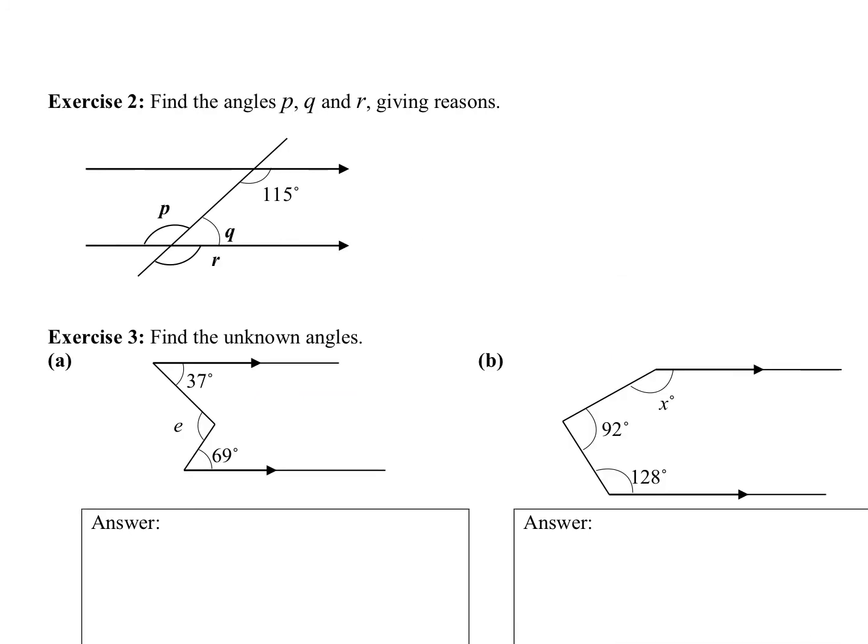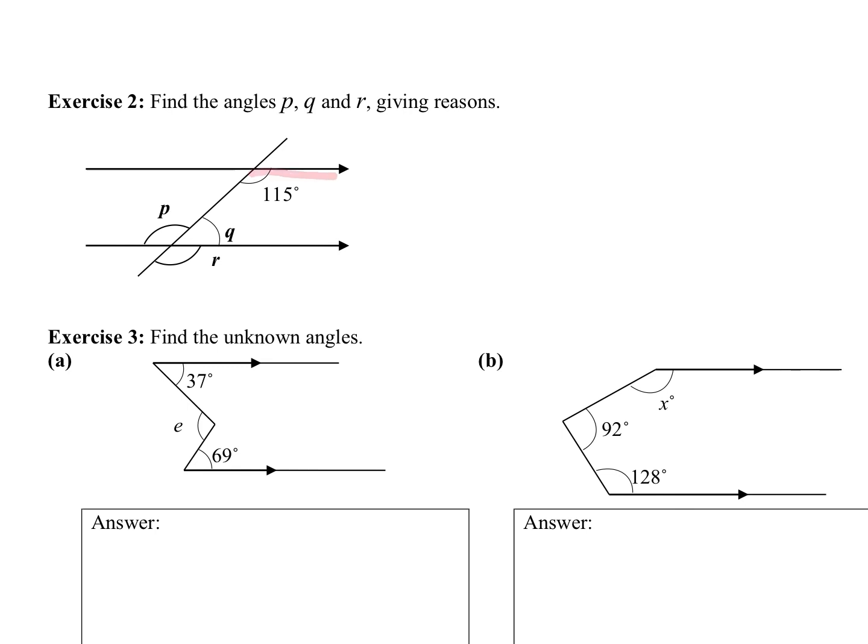Now, knowing these angle properties, let us explore how we actually use these angle properties to help us find and calculate some unknown angles, and how we write the representation for our working. So if I were to find the angles P, Q, and R, the first one we can observe is angle P over here.